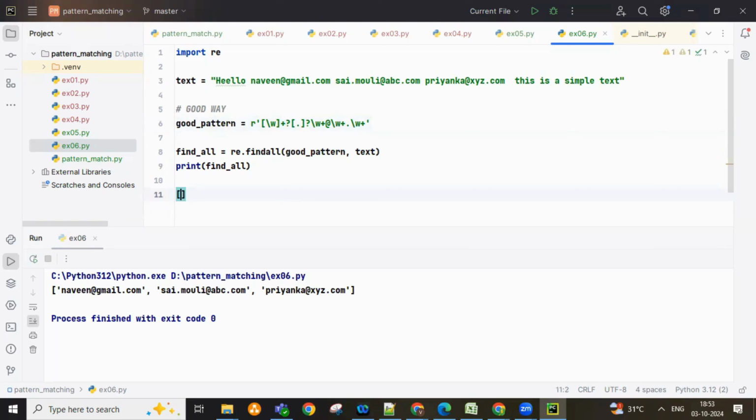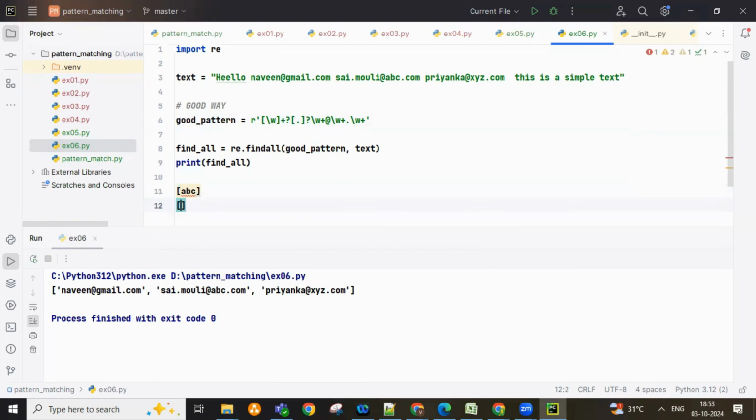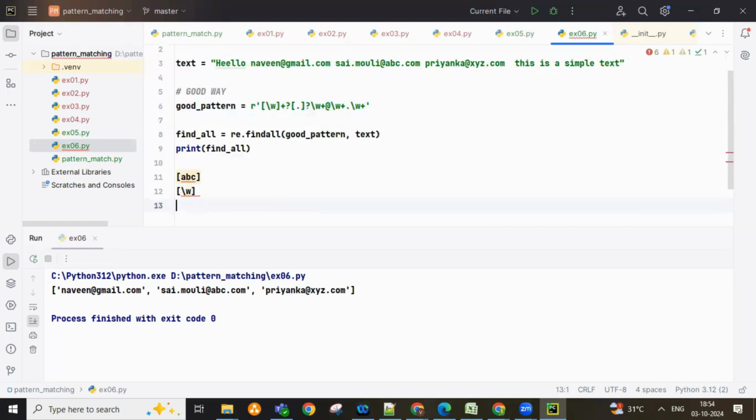For example, ABC matches with A or B or C, isn't it? Correct, right? But when I do this, it matches with any character, alphabets, uppercase or lowercase, numbers and underscore. Guys, clear? You are getting it or no?